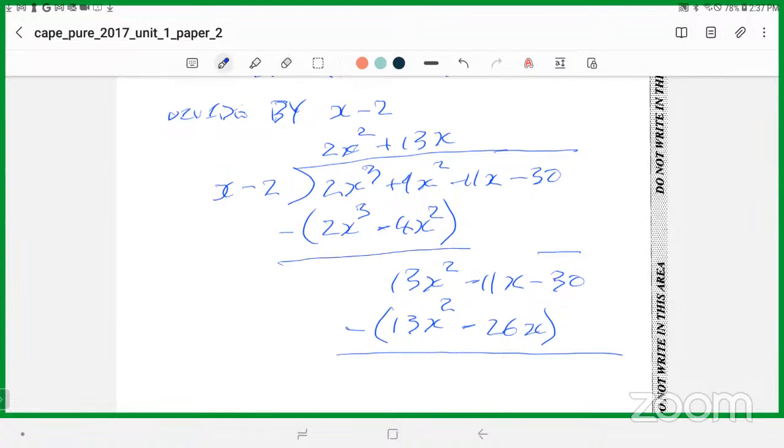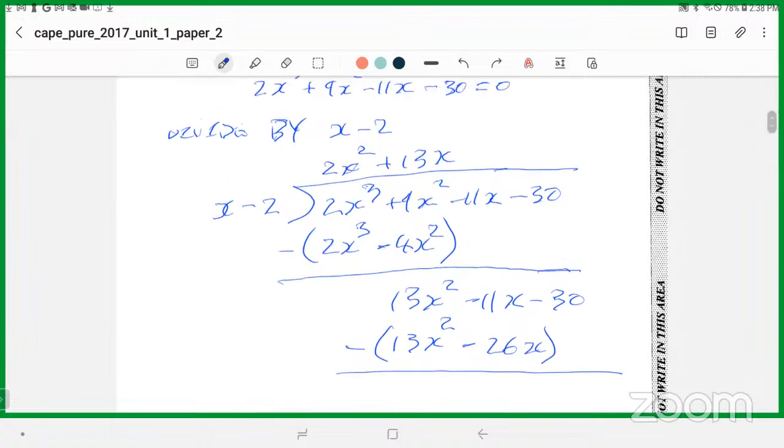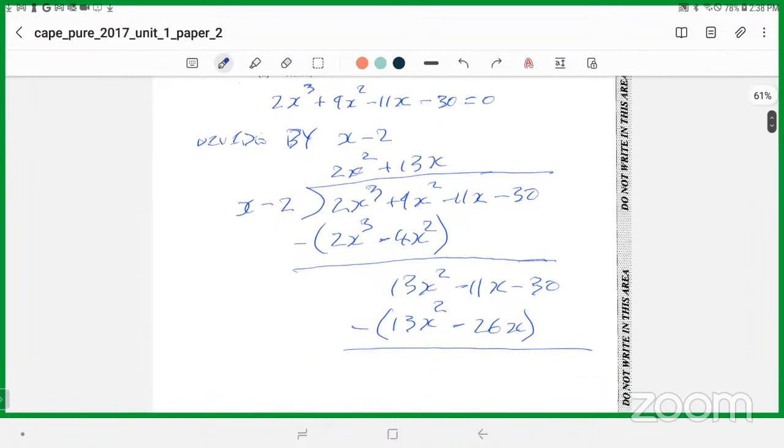Let me see. So it's 2x times that, 2 is 4. Minus minus gives me a plus right here. 4 and 9 is 13. Minus 11, minus 30. And then this divided by this is 13x. 13 times this gives me this.